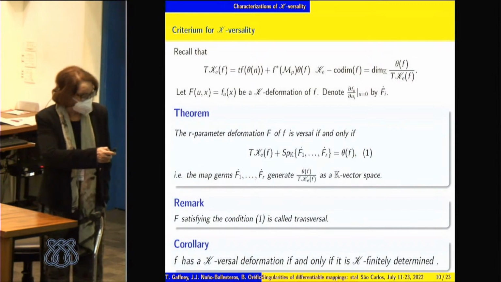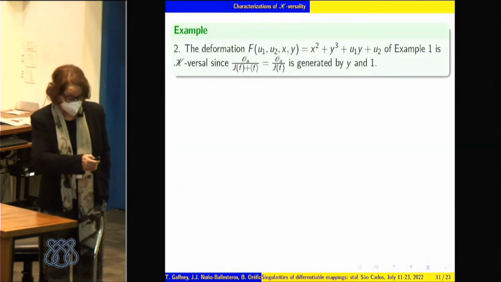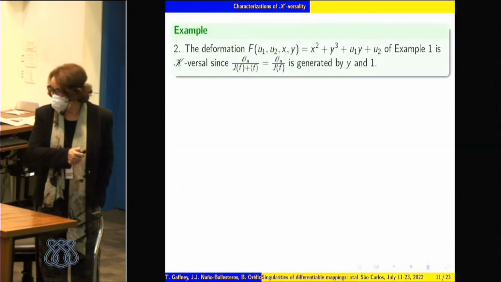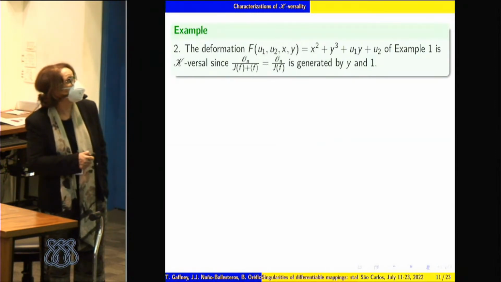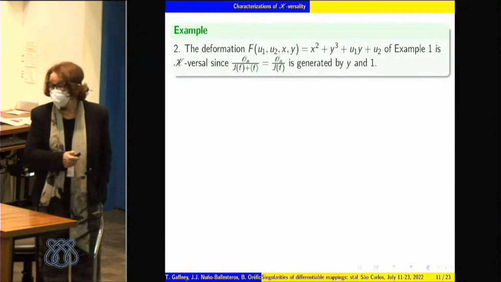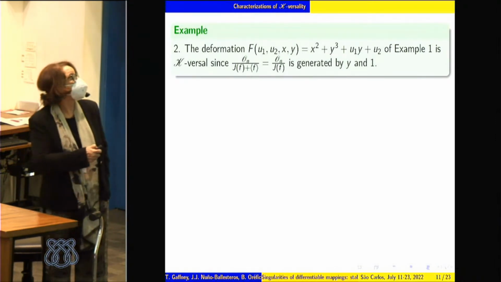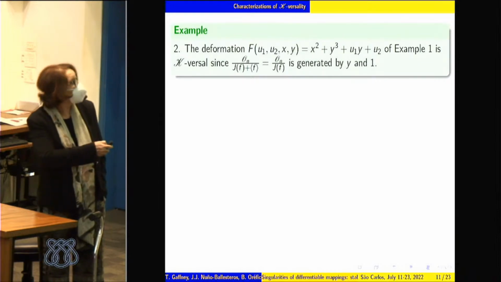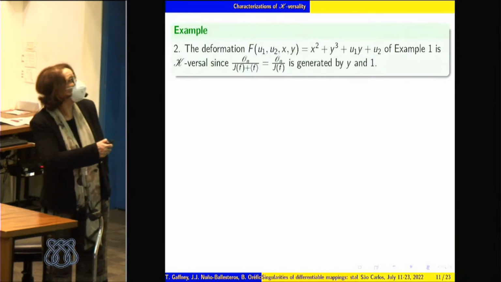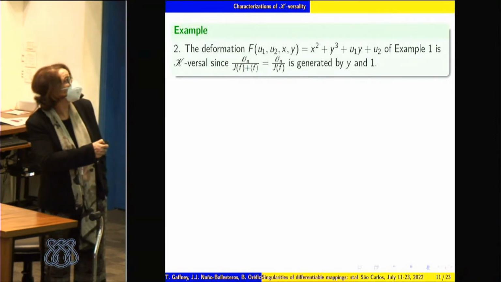Okay. Let's see one example. The previous example, in fact. So if I have my little f, x squared plus y cubed, then this is the versal unfolding of it. Why? I compute the K-tangent space. In this case, this is very easy because it's a function. And then the K-tangent space is written down here.